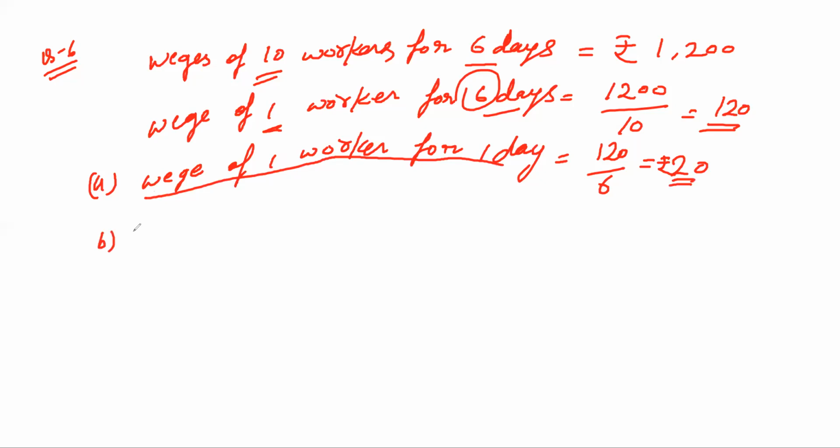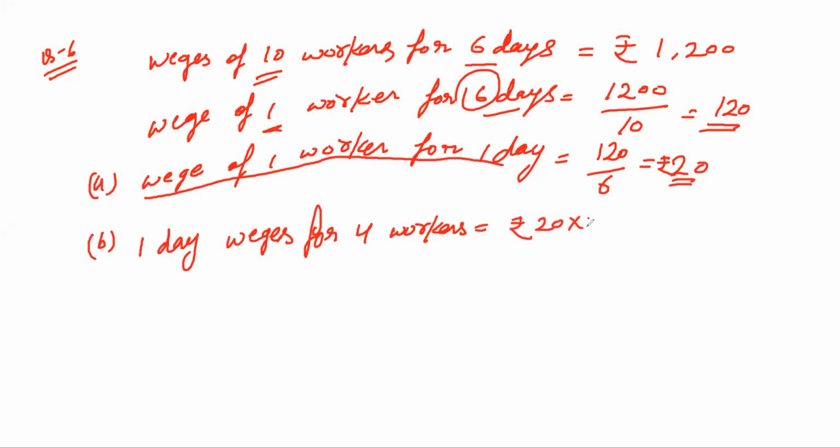And part B says 1 day wage for 4 workers. 1 day wages for 4 workers is equal to rupees 20 into 4.